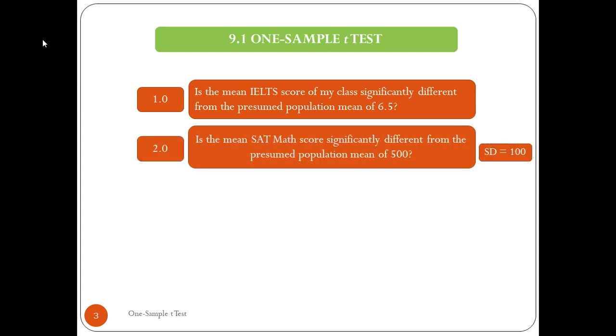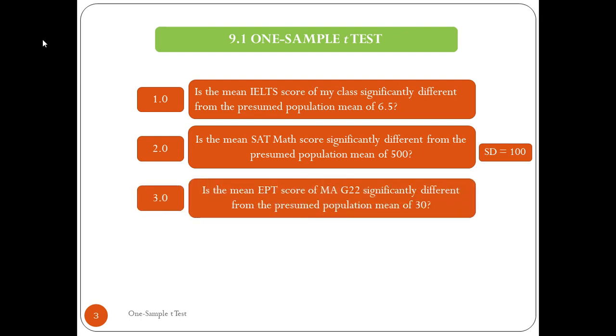The second research question provided for your consideration, to deepen understanding of the nature of the one sample t-test, is this question. Is the mean SAT math score significantly different from the presumed population mean of 500?